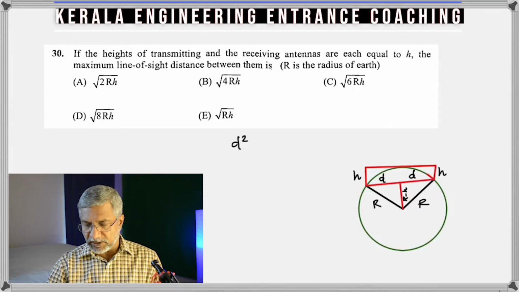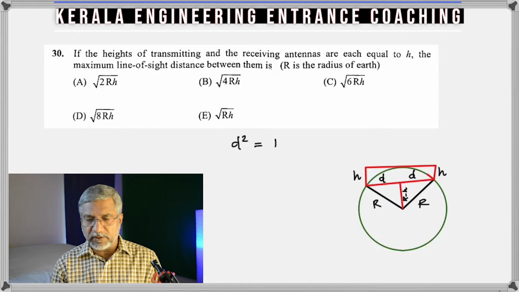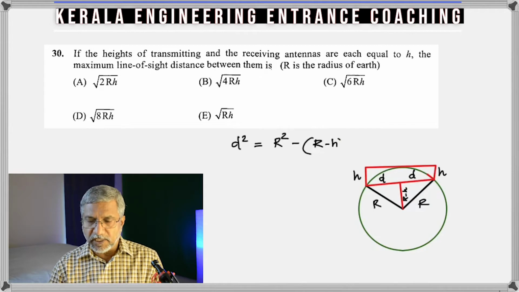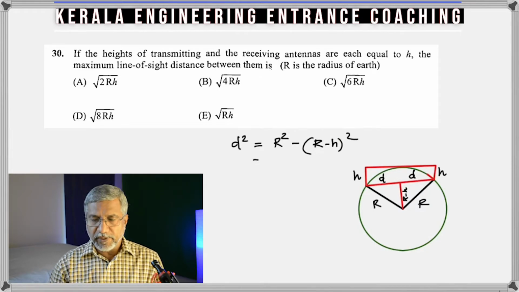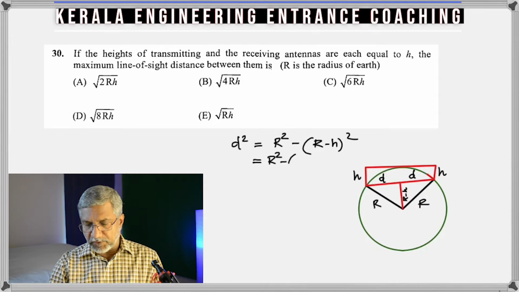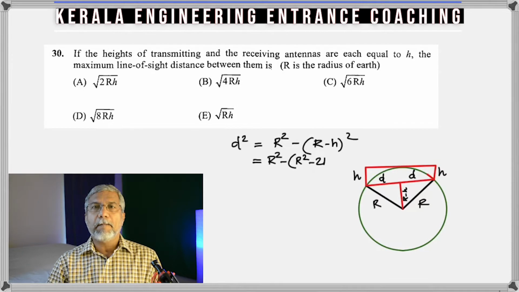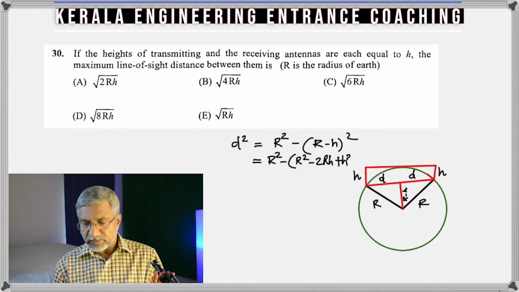So if that's d, then when you apply the theorem, you would get d squared is equal to r squared minus r minus h whole squared. And then you have to expand this. So this would become r squared minus 2rh plus h squared, correct?